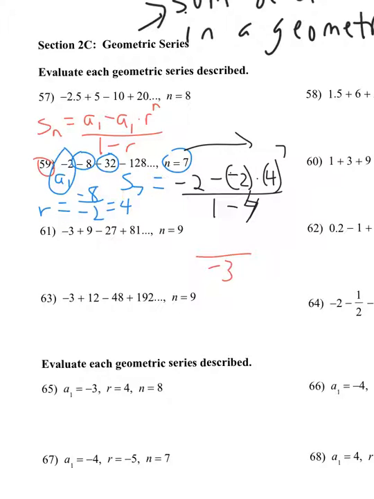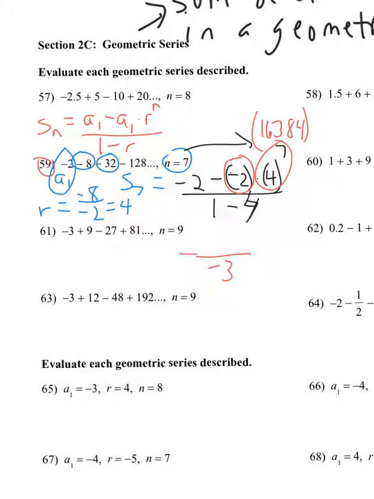Obviously on the bottom I'm going to get negative 3. I'm going to do 4 to the 7th power first, because I've got to do the exponent first, and that is 16,384 if I use a calculator to get that. And then notice I've got to multiply that 16,384 times this negative 2.